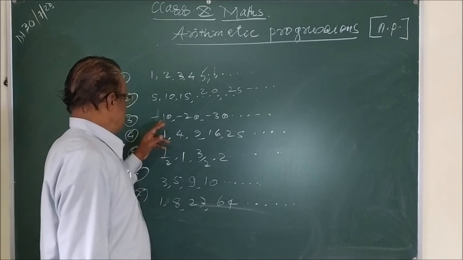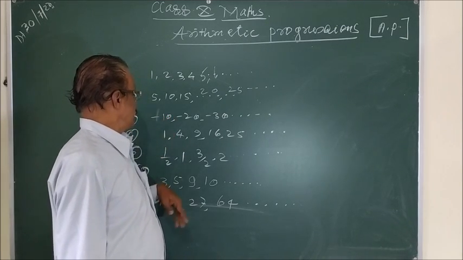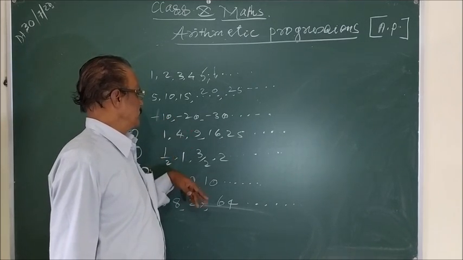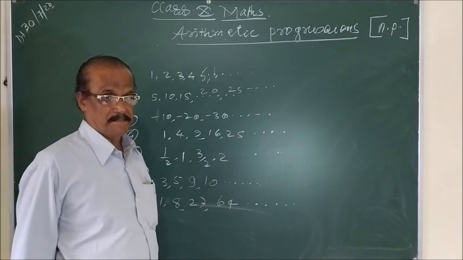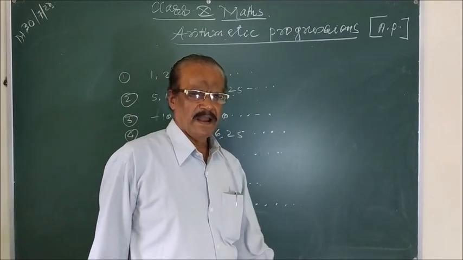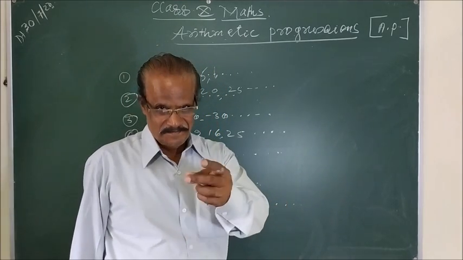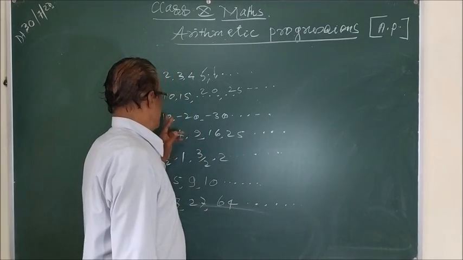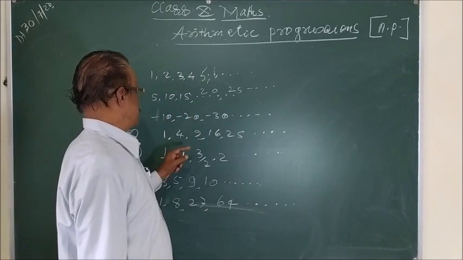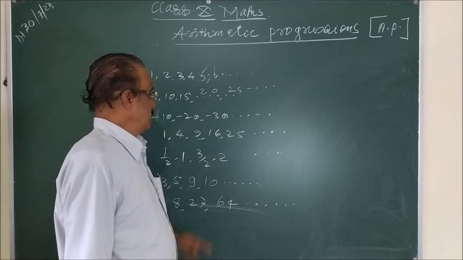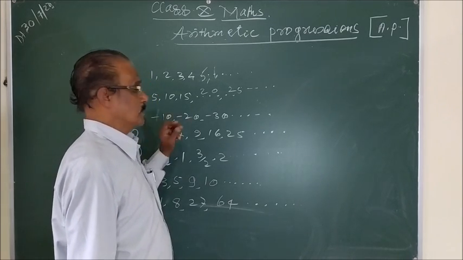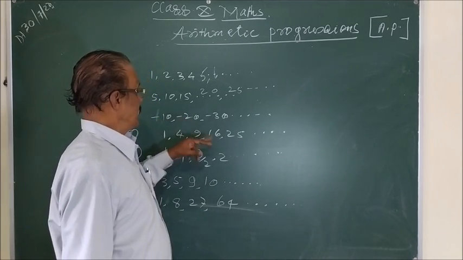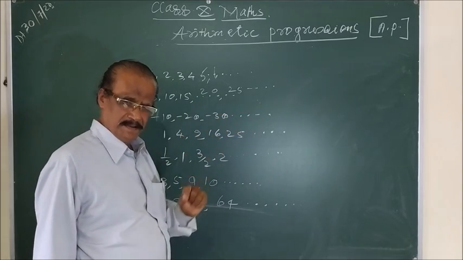Now you see number 3, 10, minus 10, minus 20, minus 30, dash dash. Numbers increasing or decreasing? Decreasing. And this number decreases by 10. 10 minus 10, 0, 0 minus 10, minus 10, minus 10 minus 10, minus 20, minus 20 minus 10, minus 30, like this.